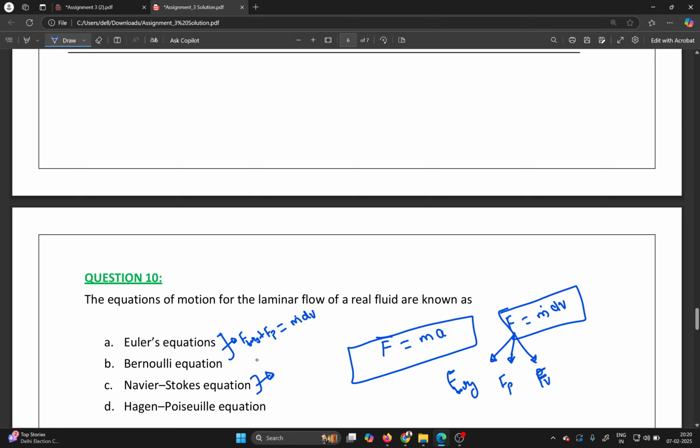But in the Navier-Stokes equation, all three forces are considered: force due to body plus force due to pressure plus force due to viscosity. That's why it is a very important equation for fluid flow, the equation of motion for laminar or real fluid flow.